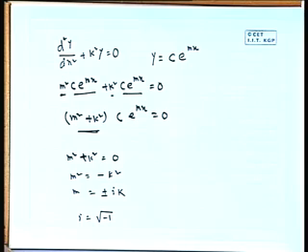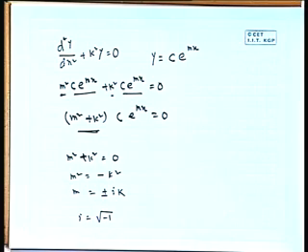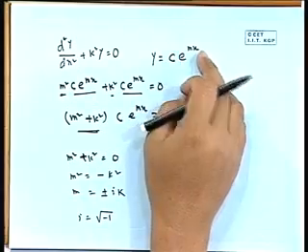Now, here minus came, so under the square root we have to take one imaginary parameter I. So there are two possibilities for m, one is plus ik, another is minus ik. So what will be the solution? y equals c e to the power mx.